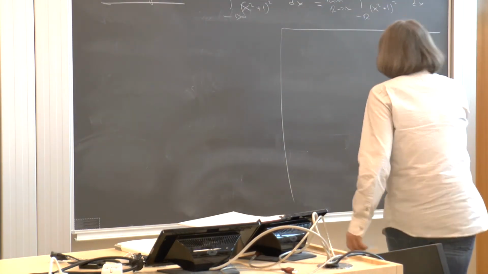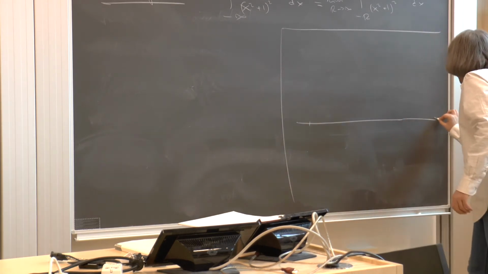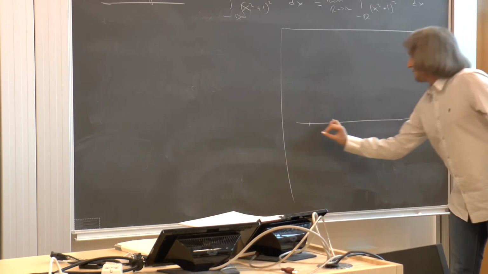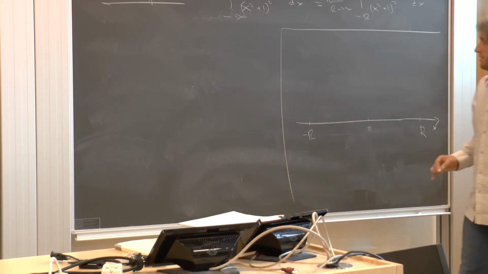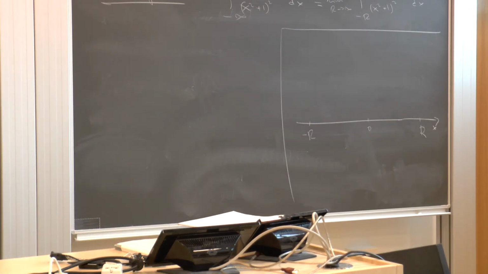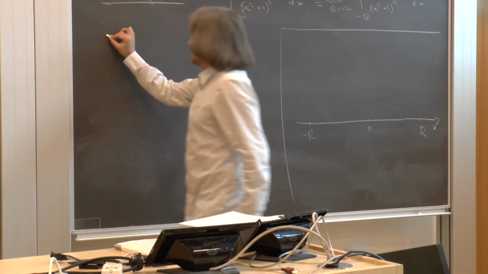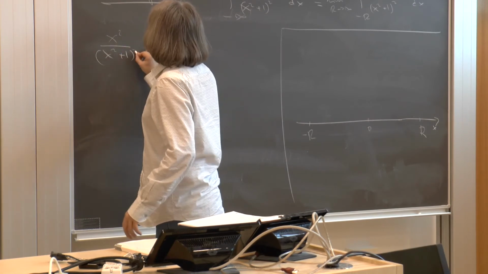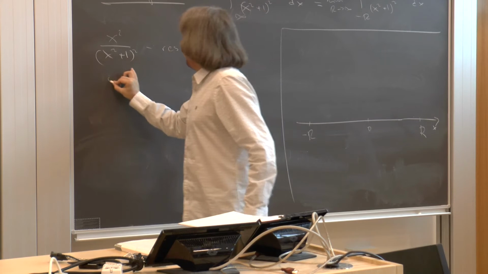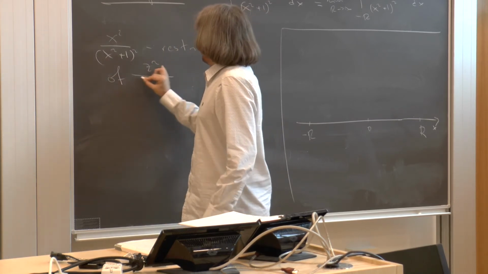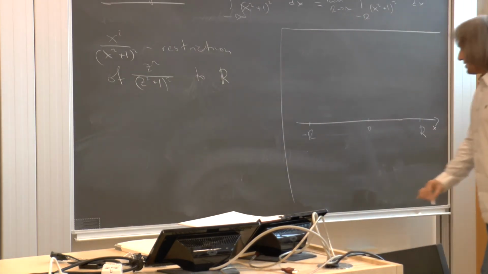So you draw this integral on the axis. This is the real axis, and we're integrating from minus r to r. And we have a nice function which is a restriction of a holomorphic or meromorphic function, the restriction of 1 over z squared plus 1 squared to the real axis.